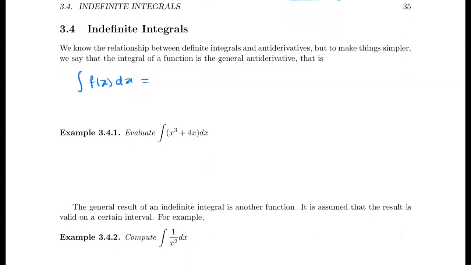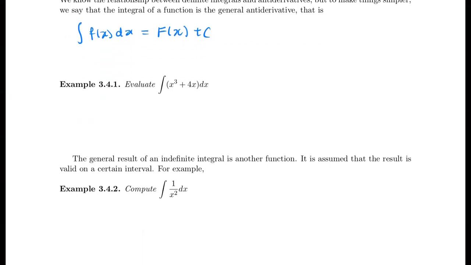So we have that F of x plus c is the general antiderivative, or we say that it's the indefinite integral. Where c, again, remember, is a constant. All right.